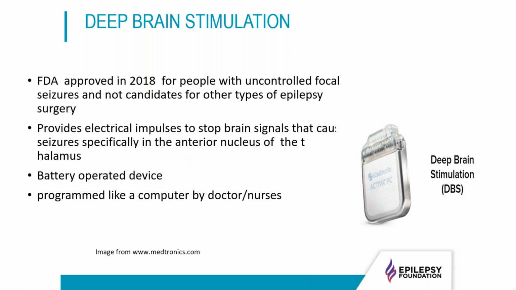The second incision point is to thread their leads down into a specific part of the temporal lobe called the anterior nucleus of the thalamus. And it's battery operated and programmed by the doctors and nurses. So like the VNS, it sends a pulse, but it's not sending it to wide areas of the brain. It's sending it to this very specific region.